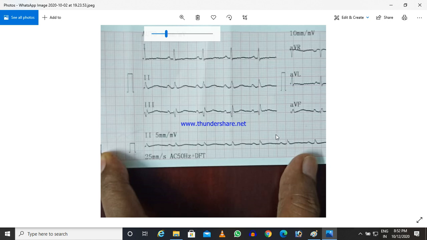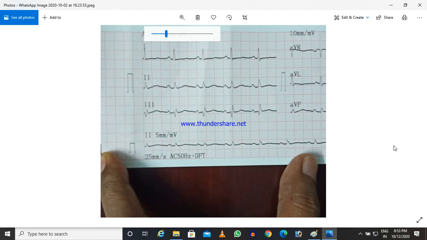So now, so far what we have learned, the T wave is basically the repolarization of the ventricle. Okay. Now there is no T wave. That means the repolarization has some problem.